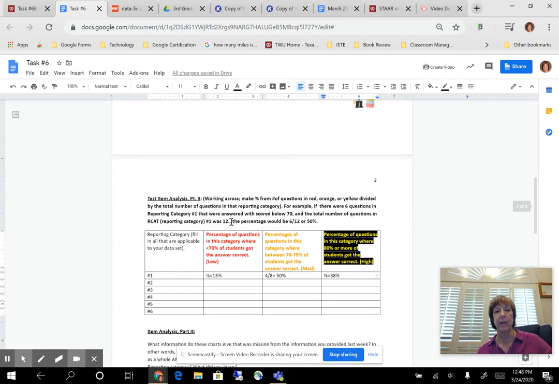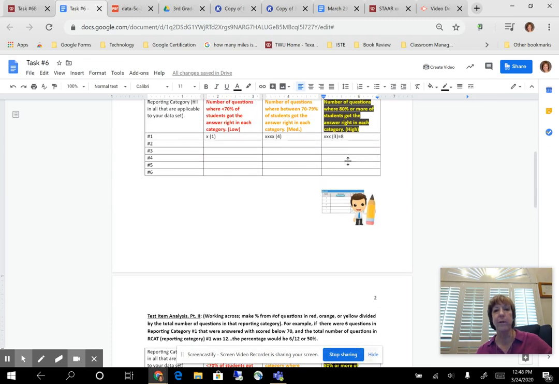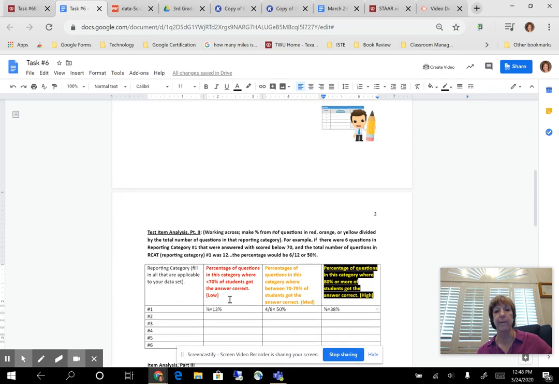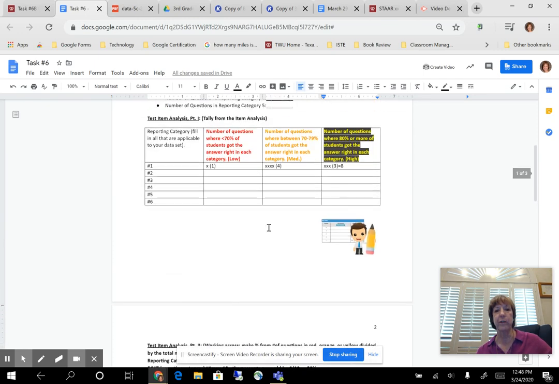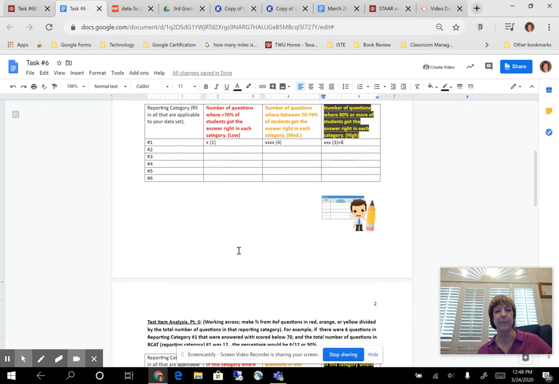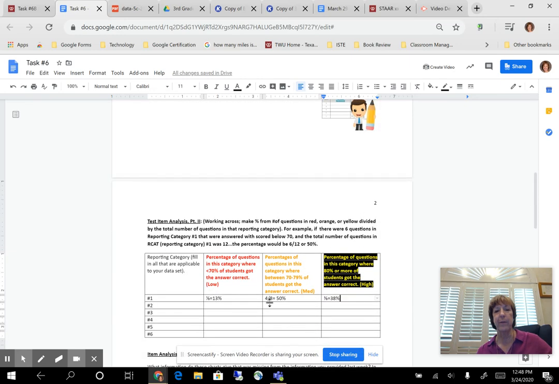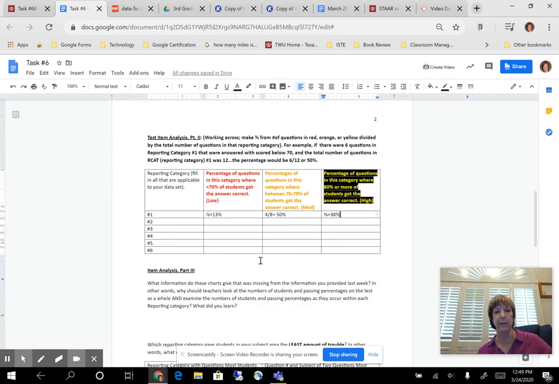Second chart, you're going to move horizontally. So you're going to take the number of red questions over the total, and that gives you the percent. The number of orange questions over the total gives you that percent, and you're going to continue to figure that out as you go along.